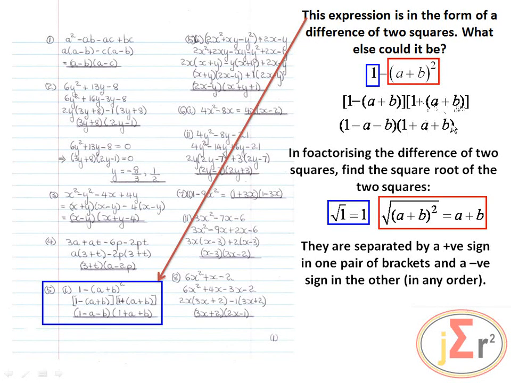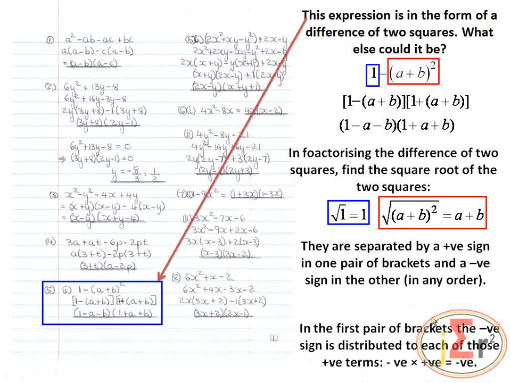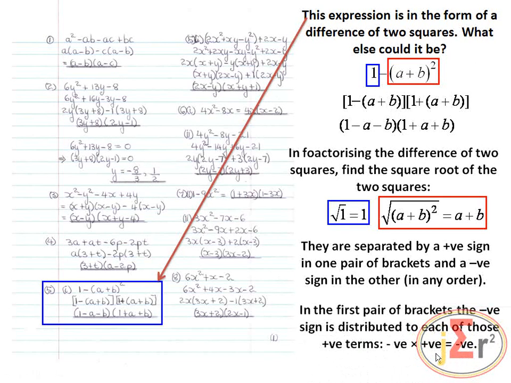So we have the positives there, and no doubt we have negatives there. Negative times positive is negative. In the first pair of brackets, the negative sign is distributed to each of those positive terms. Negative multiplied by positive is negative.